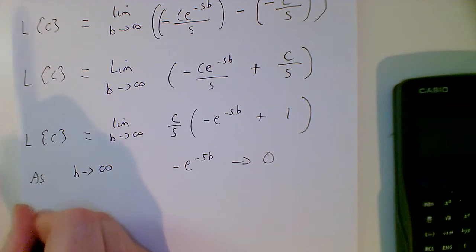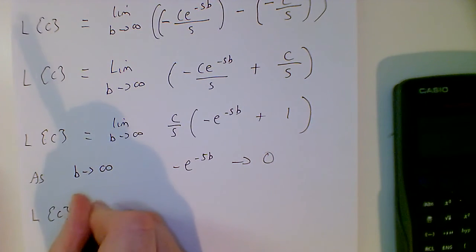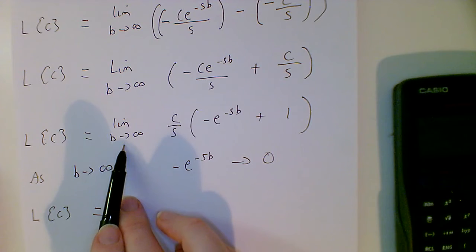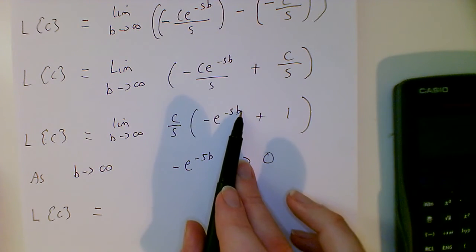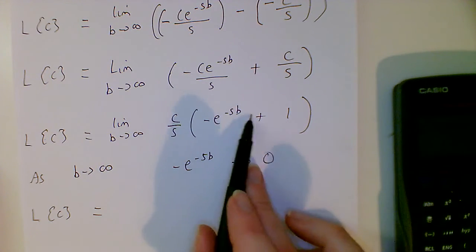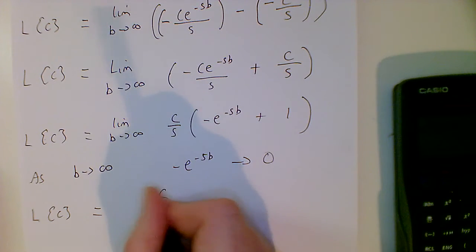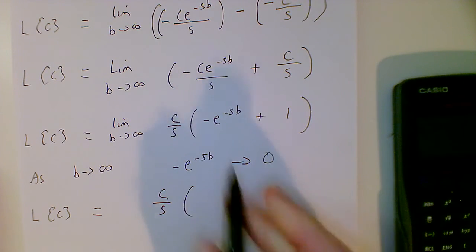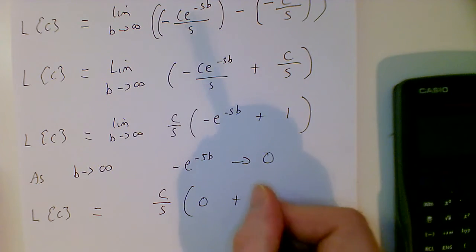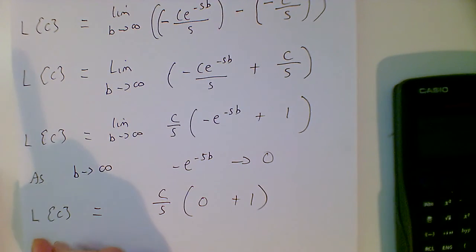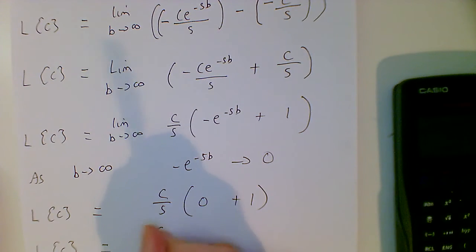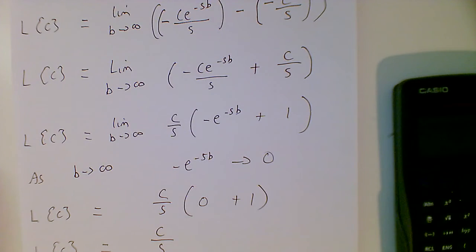So that means that I've dealt with my limit as b goes to infinity, and I've dealt with the b from inside, because these comes up here. So that gives me c over s, that is 0, the Laplace transform of c, just c over s.